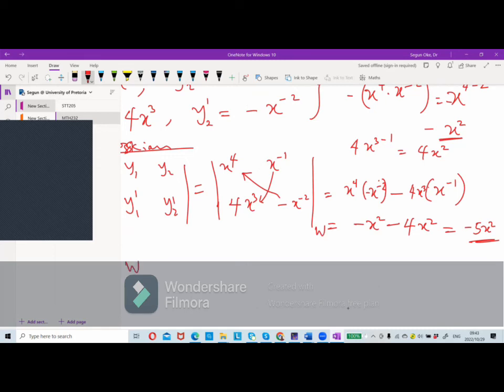Now let's solve W1. W1 says 0 for the initial entry, then G over AS squared, Y2 prime. What do we have? 0. What is Y2? Check your notes. S raised to power minus 1. What is Y2 prime?